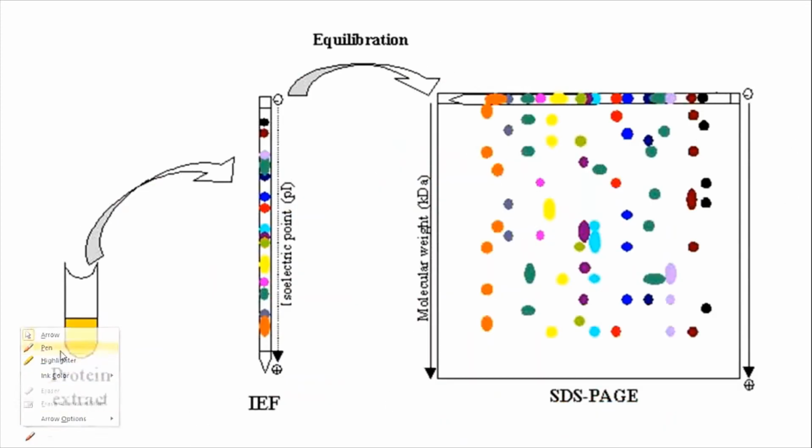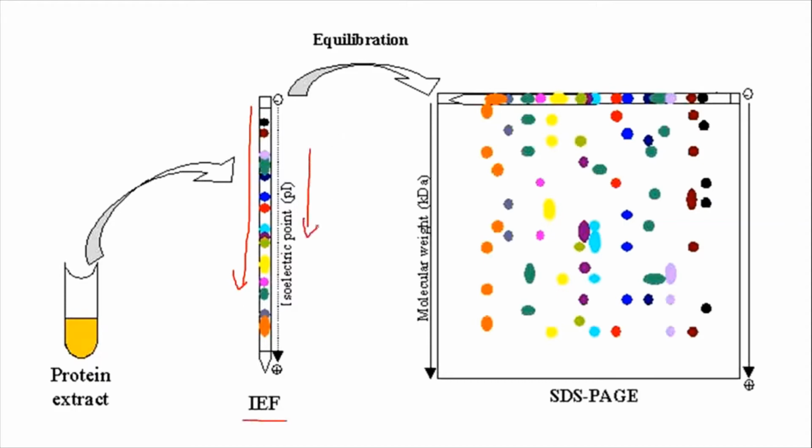So now we take a protein extract, a mixture of proteins. In the first dimension we separate by isoelectric focusing. This is based only on separation of proteins by isoelectric point. Yes. So we are using a pH gradient gel and we apply the sample here. Either the sample is positive and moves upwards, or the sample is negative and moves downwards, according to their pH.